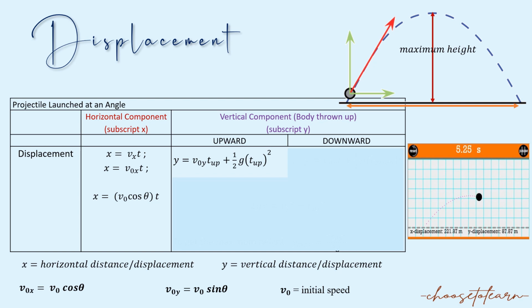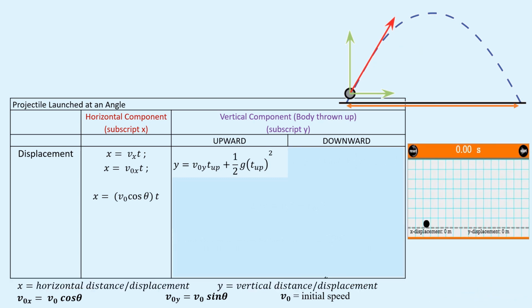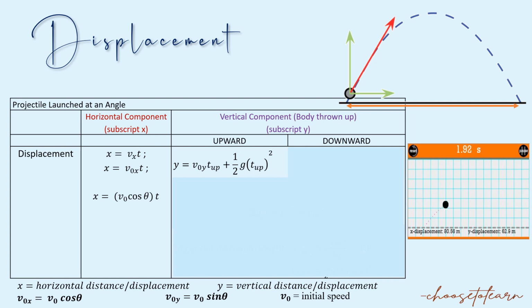Be very careful with the time because we will use the time that is going upward. What if you don't know the value of time? So how are you going to find the vertical component of displacement? We will actually use this equation or formula, which is 2gy equals final vertical velocity squared minus initial vertical velocity squared.